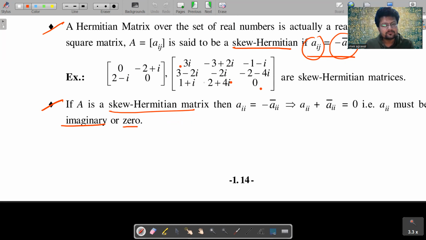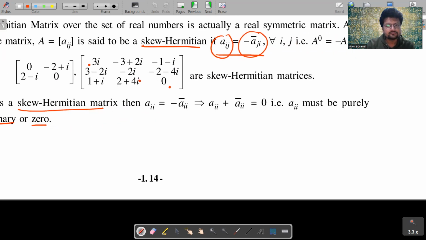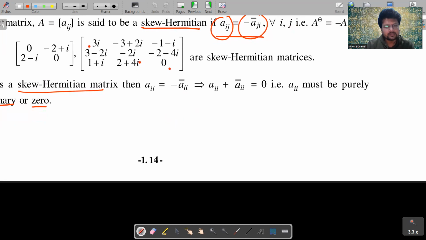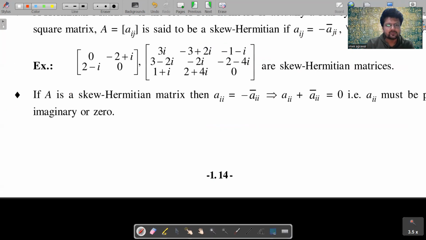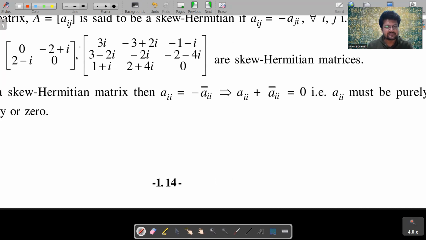Just the steps: first it will be the conjugate, then it should be transposed. Then that negative sign, how do we check it? Okay, suppose you have this original matrix. This is your original matrix A.